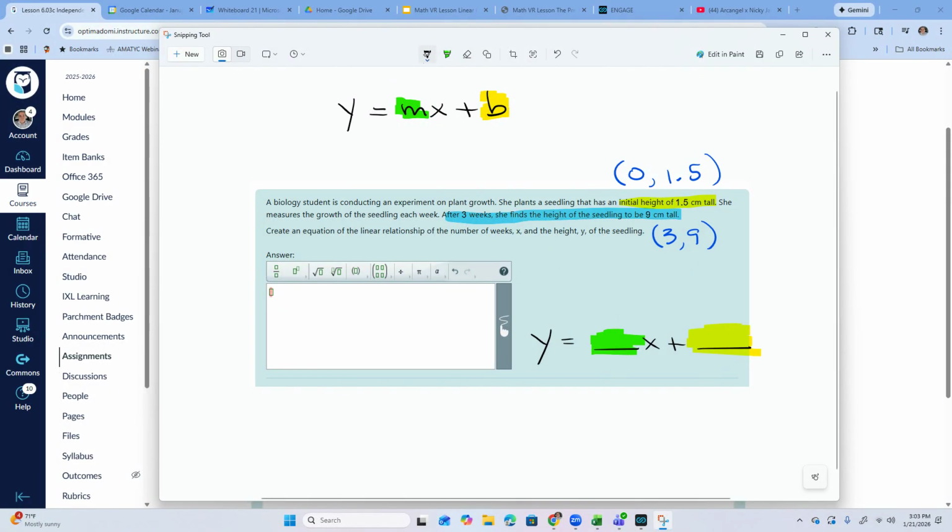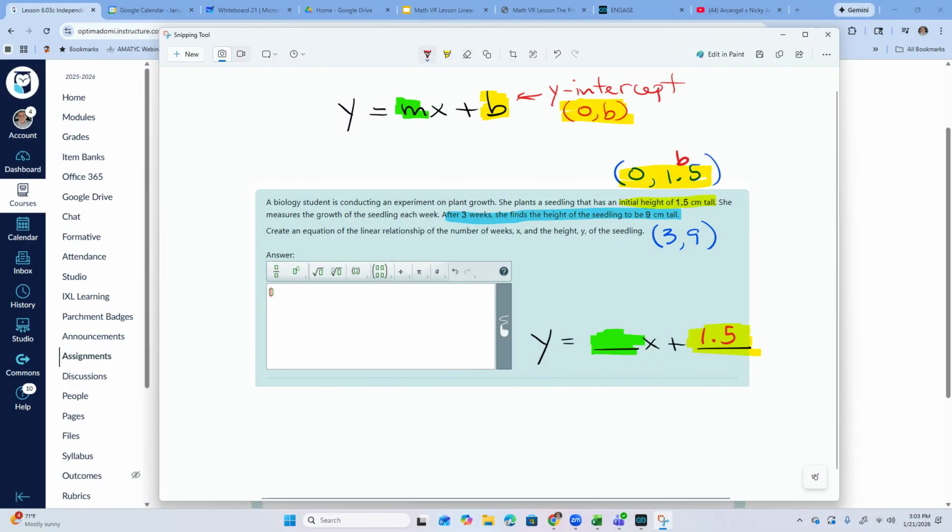So again, b is the y-intercept. The y-intercept is the point that looks like this, 0, comma b. Okay, so it's going to look like that. And if you look, this point looks like 0, comma b. So basically that means that 1.5 is my b. That's what I'm going to put here, 1.5.